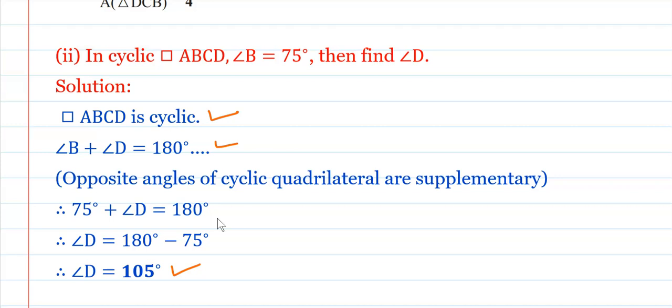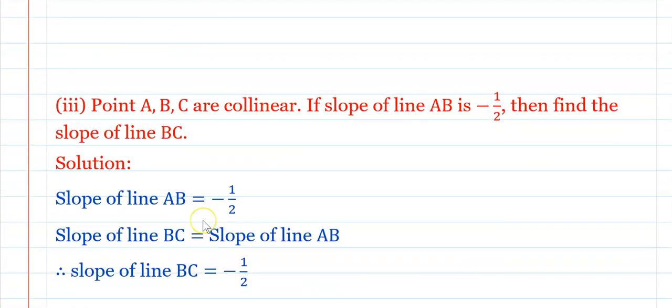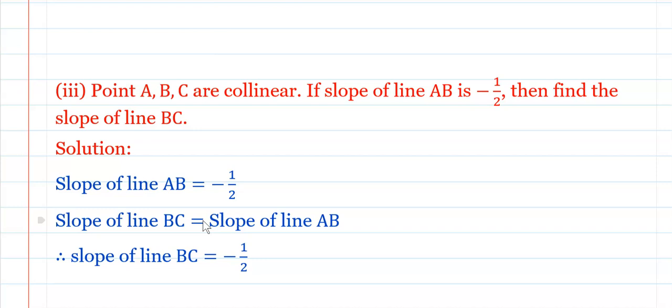Okay. Now the next question is: the points A, B, C are collinear. If the slope of AB is minus 1 upon 2, then the slope of BC is equal to? As the points are collinear, if we take any line, okay, this is the line, and on it any two points, this is A, B, and C. When the points are collinear, the slope of AB is equal to the slope of BC is equal to the slope of AC.